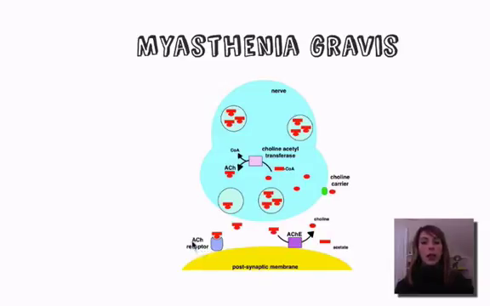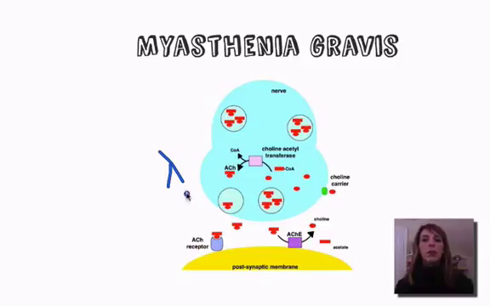So in myasthenia gravis, what happens is that the immune system kind of goes haywire. So normally your immune system is in place to help protect you from pathogens. And your immune system makes molecules or proteins known as antibodies. They're these Y-shaped proteins, and they're designed to attack things that are foreign to your body, like bacteria and viruses.